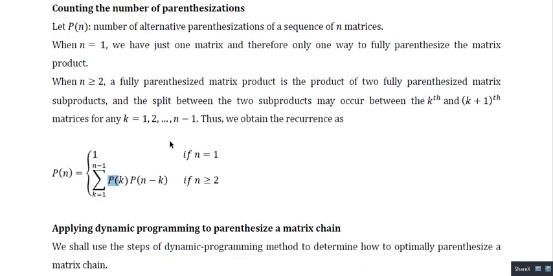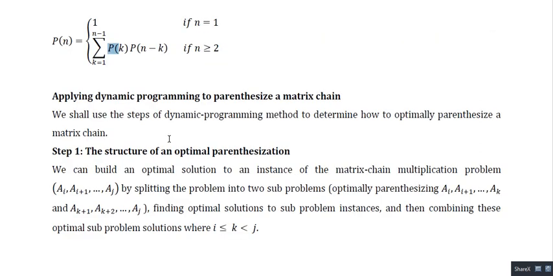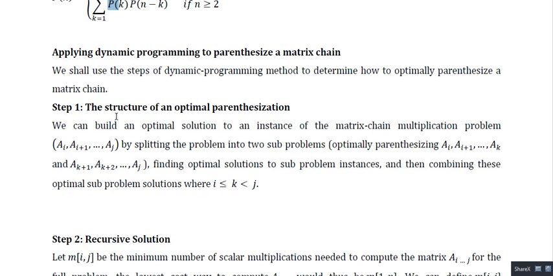Now let us apply the dynamic programming approach. It consists of 4 steps. In the first step we have to characterize the structure of the problem. Let's say there is a sequence Ai to Aj such that i is less than j.